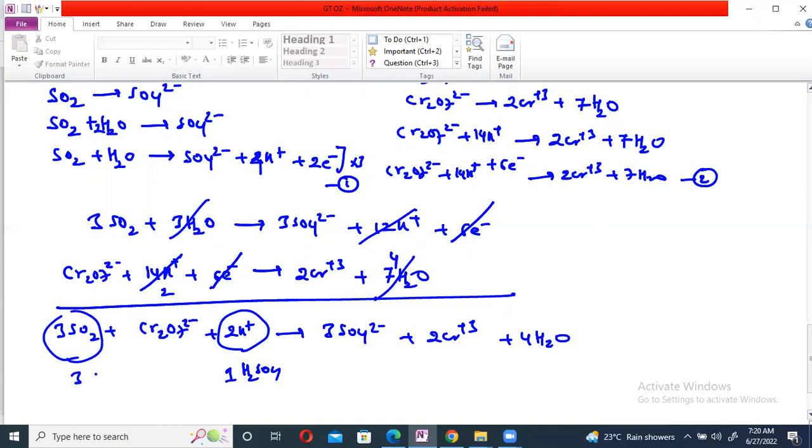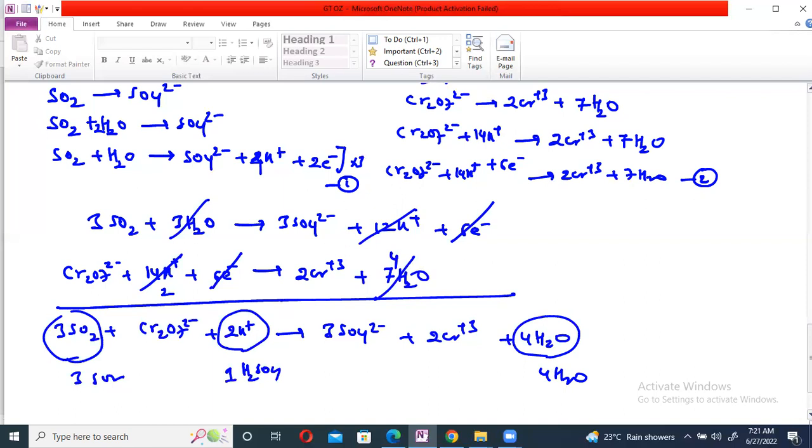And water also they ask Z moles, you know, water as 4 moles. So Z is 4 moles of water I am getting, because 7H2O is here and 3H2O is here. So remaining 4 water molecules I will get here.